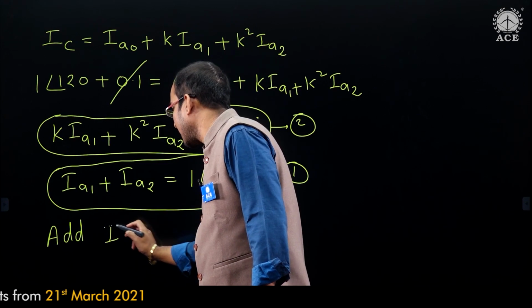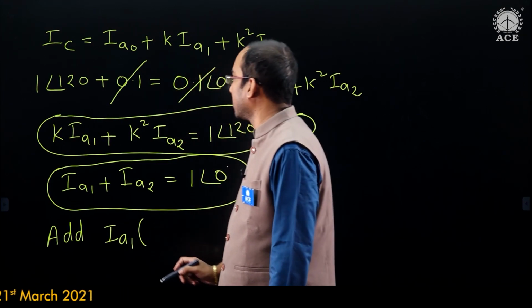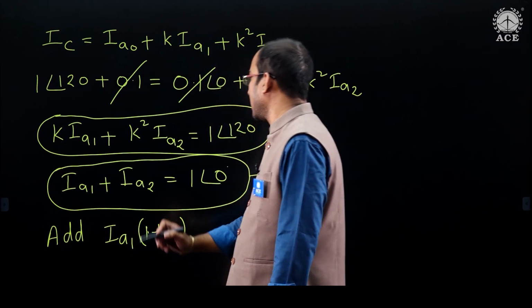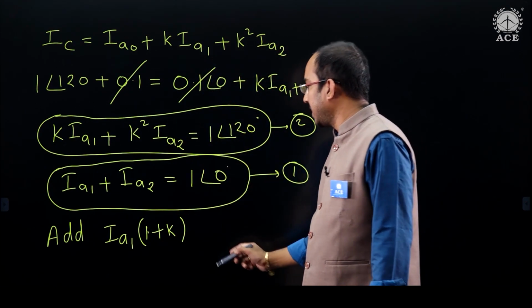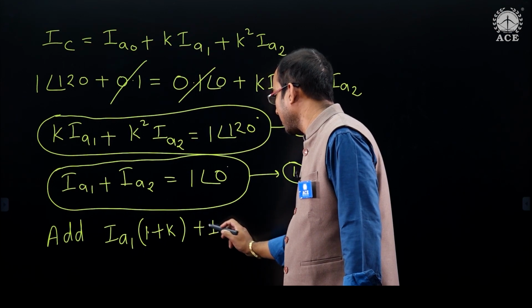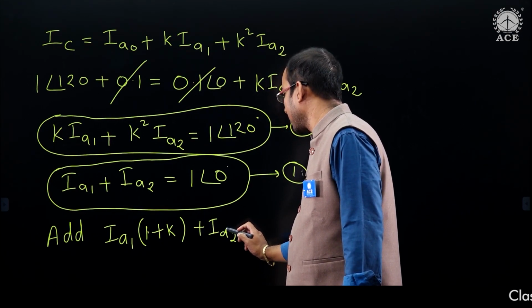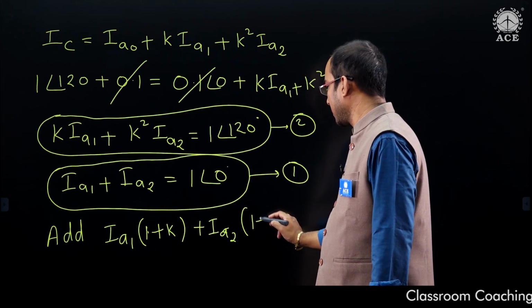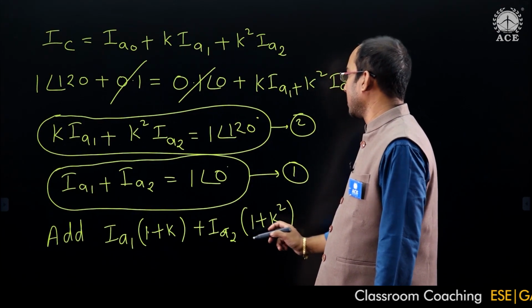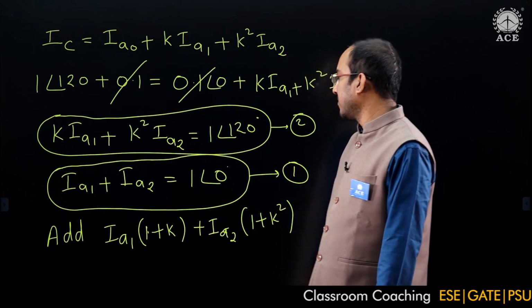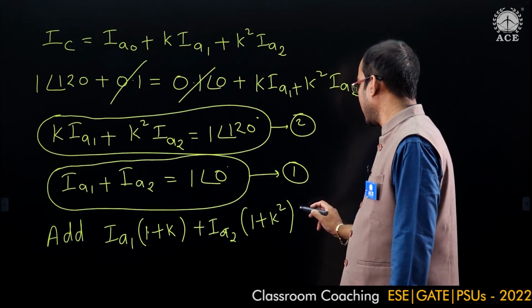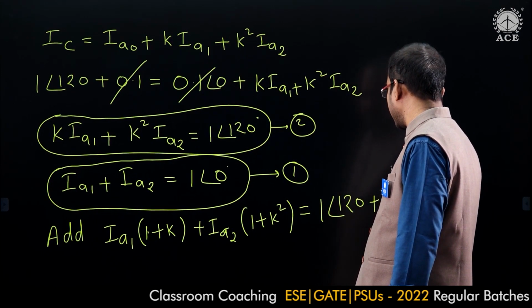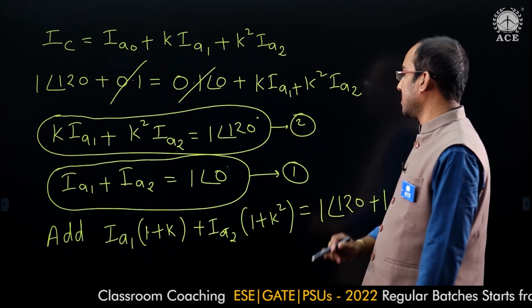So we can write IA1 into 1 plus K and IA2 into 1 plus K square is equal to 1 at an angle 120 plus 1 at an angle 0.